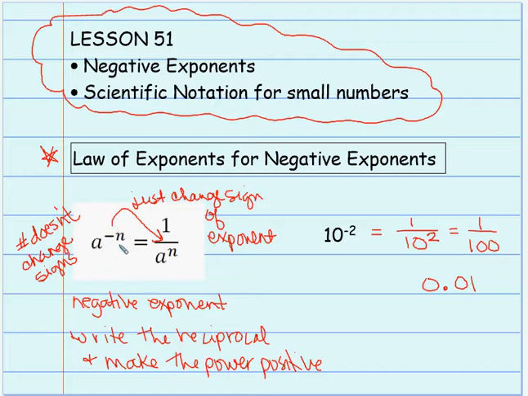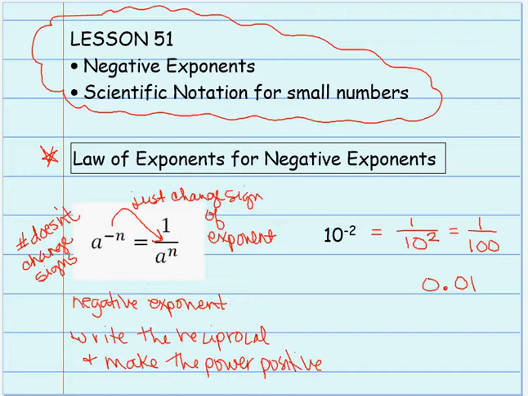So if your exponent is negative and it's in the numerator, it needs to be in the denominator. And we'll run into some where the exponent is negative in the denominator, and then we need to move it to the numerator.